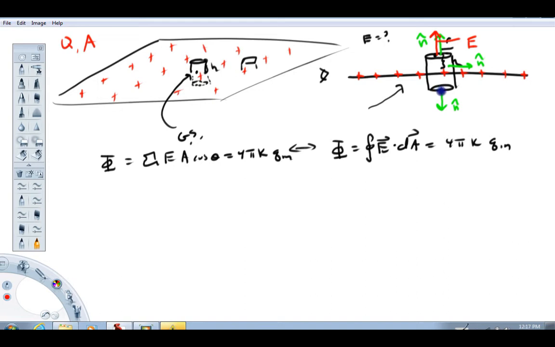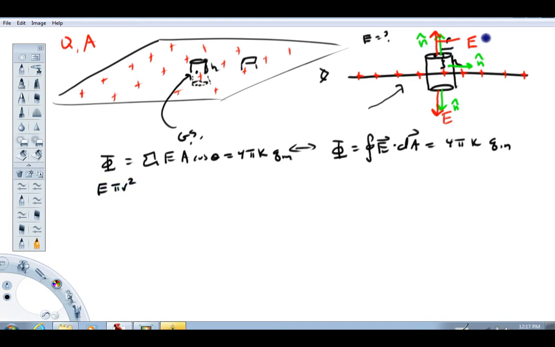The electric field vector, same argument on the bottom surface, points down. The electric field anywhere on this vertical surface is going to be up if I'm up in this region, down if I'm down in this region. So now, when we do EA cosine theta on the top surface, that's going to be the electric field times pi r squared.